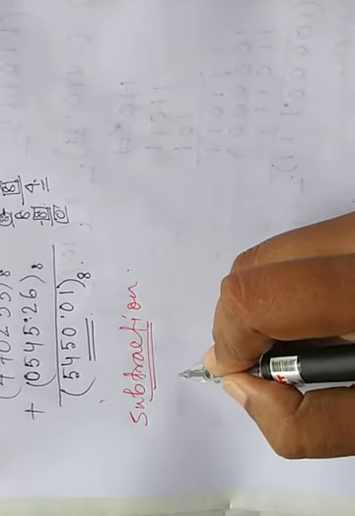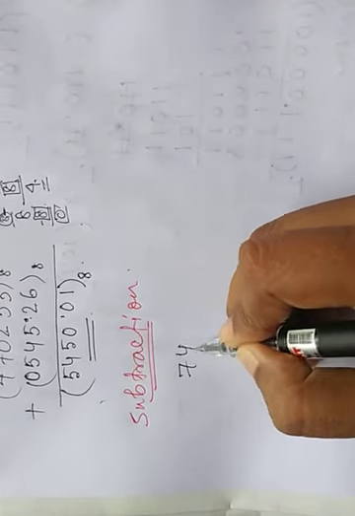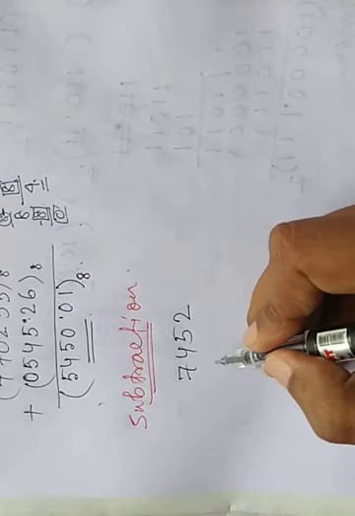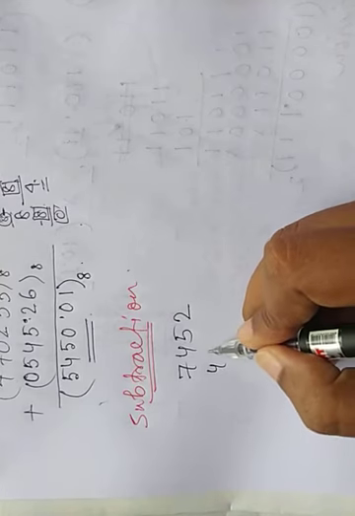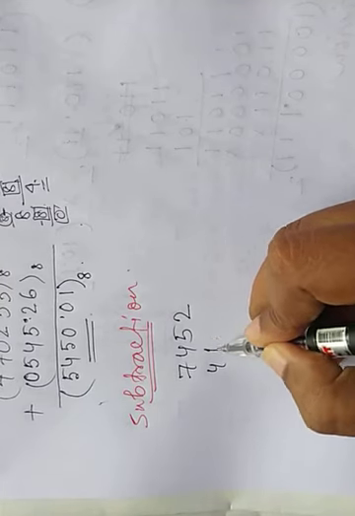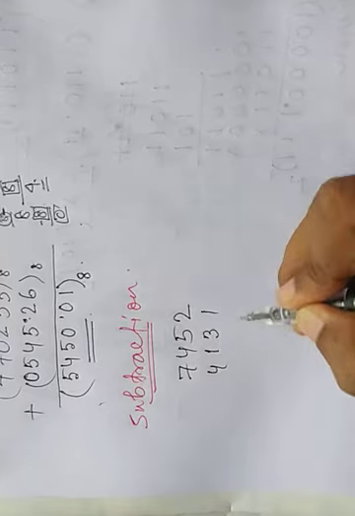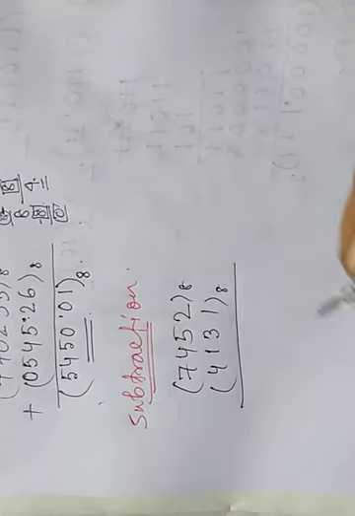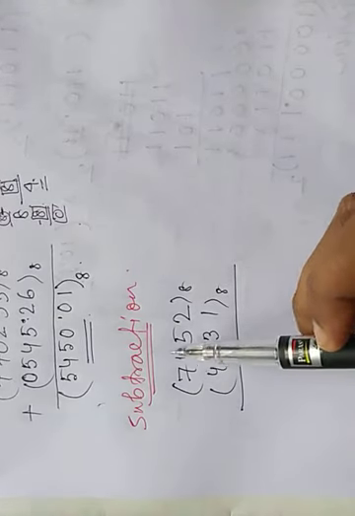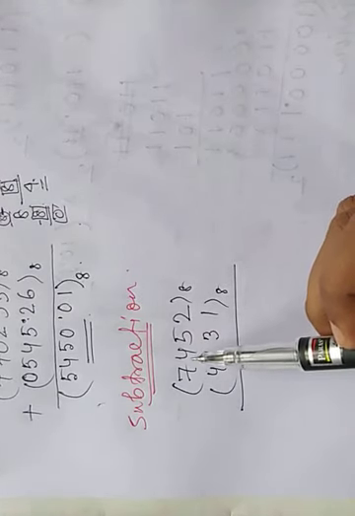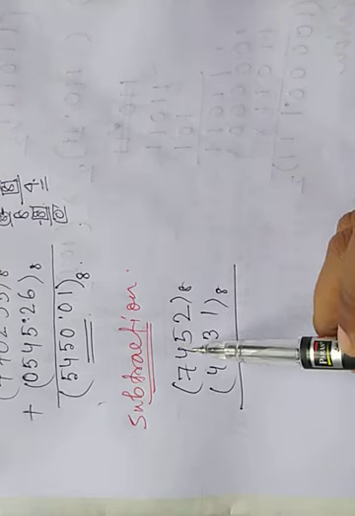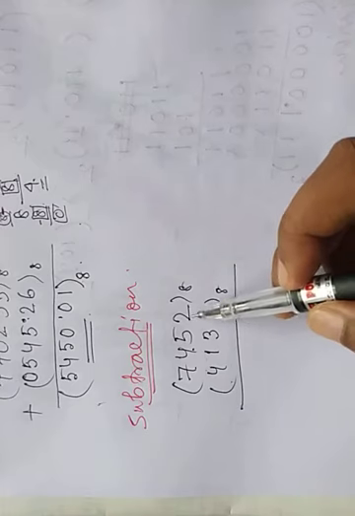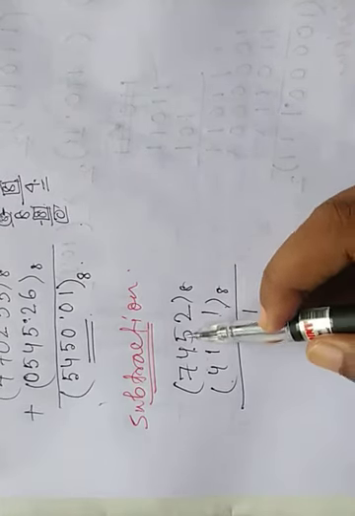Suppose I write here 7 4 5 2 and 4 1 3 1, both in base 8. Obviously here we write the maximum number at the top and the minimum number at the bottom. Okay. Now subtract in our normal process. 2 minus 1 is 1.